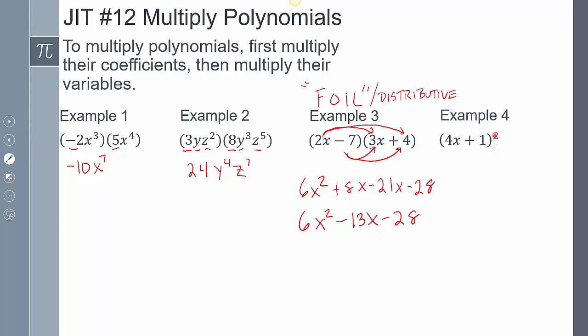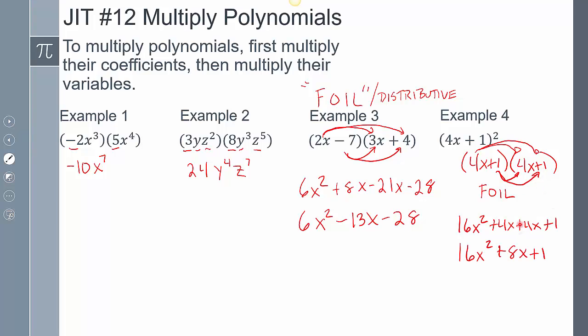This is saying I have two 4x plus 1s. So I have two of these. So then this goes back to our distributing. And so the first one is 4x times 4x gives me 16x squared. Then the second one, 4x times 1, 1 times 4x, and then 1 times 1 gives me 1. Combining like terms, I'm going to get that 8x.